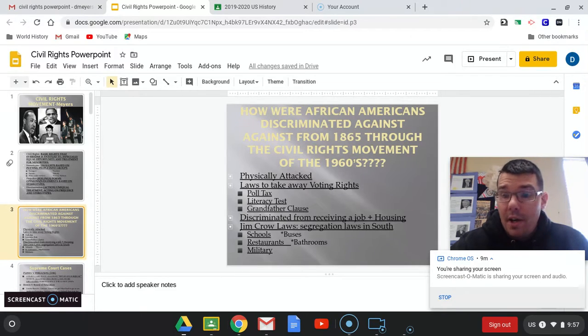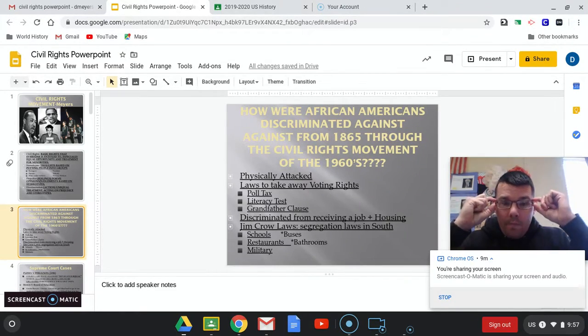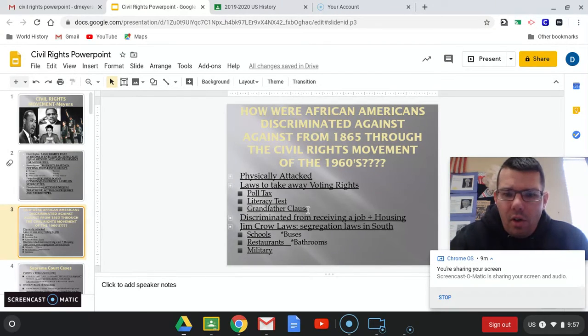So they made these tests very unfair. If you didn't pass a test, you couldn't vote. And then there was something called the grandfather clause, where basically if your grandfather couldn't vote, then you can't vote. Well, if your grandfather was a former slave who couldn't vote, then obviously you couldn't vote either. So these were the three measures that states would take to not allow African Americans the right to vote.